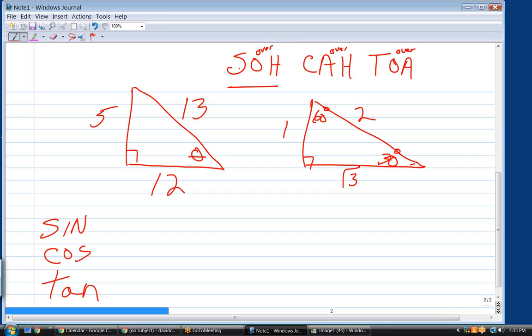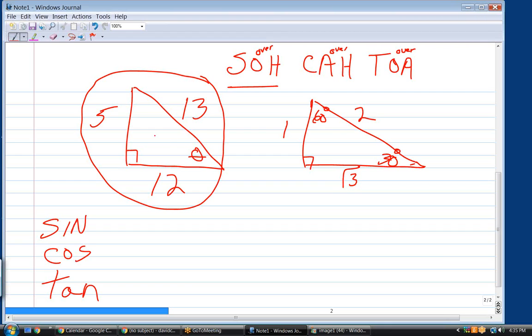So really, sine is opposite over hypotenuse. So if you're looking at that picture right there, and you're always taking trig functions of angles, very important distinction. You take trig functions of angles in order to get ratios.